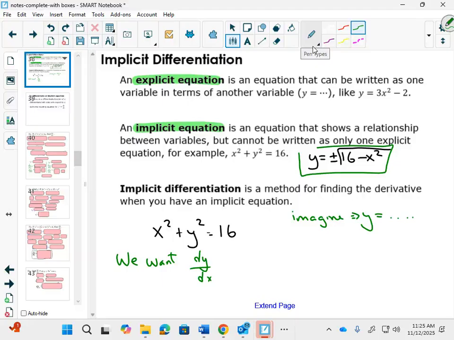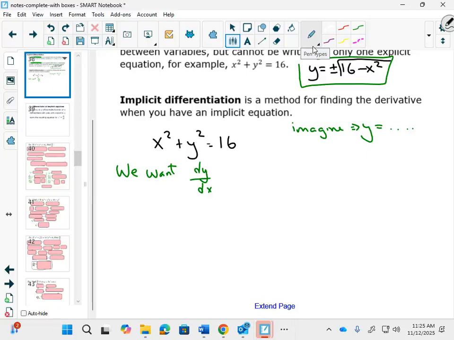There we are. I was already thinking about the dy dx, and I guess the t at the end of my word went to a d. So we want dy dx. Well, how do we find that? We would need to take the derivative with respect to x of this whole thing.